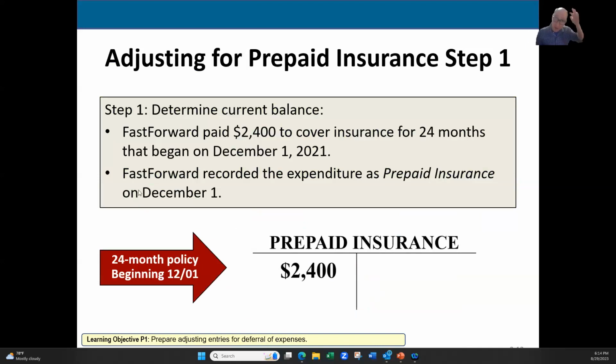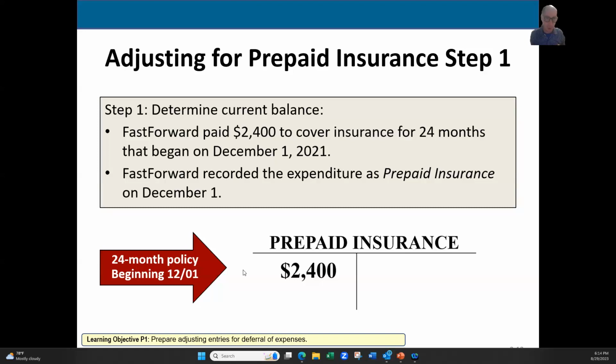So in our earlier example, we prepaid $2,400 that covers December 1, 2021, all the way through November 30, 2023, 2 years worth of insurance. So December 1, I paid the insurance company $2,400.